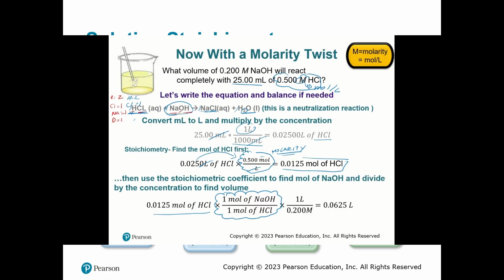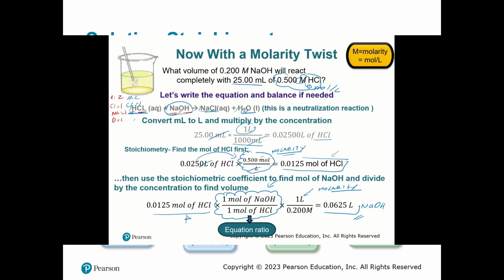Now with the molarity of sodium hydroxide, I can find the volume of sodium hydroxide. So this is the volume, here is the equation ratio, this is the molarity, and this is the moles that we found.